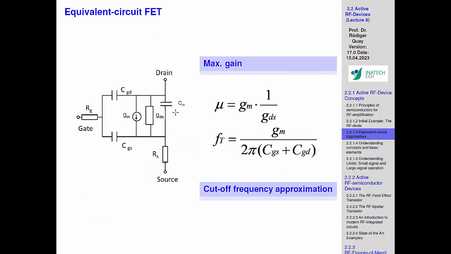There's a very good argument if you just express the maximum gain of something. It is not only related to what you do from the input to the output. So this is the transconductance here. This is this element driving a current from source to drain based on an input voltage.